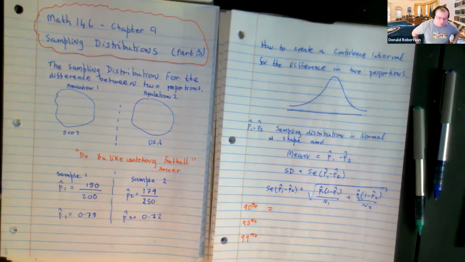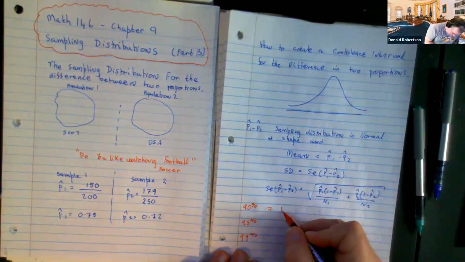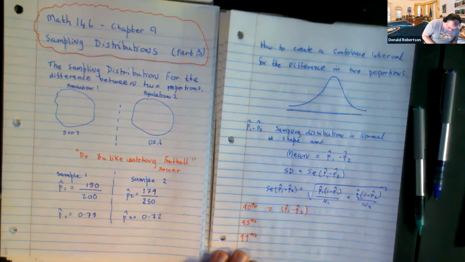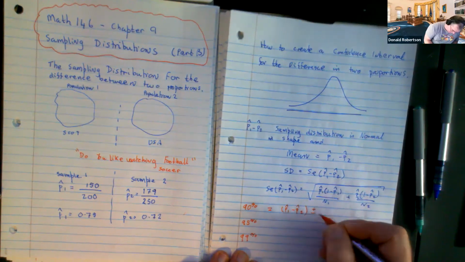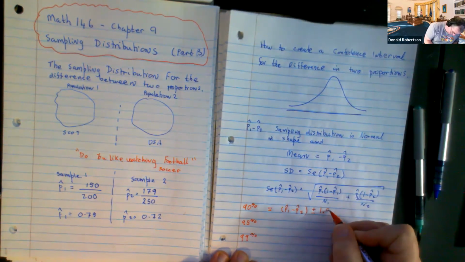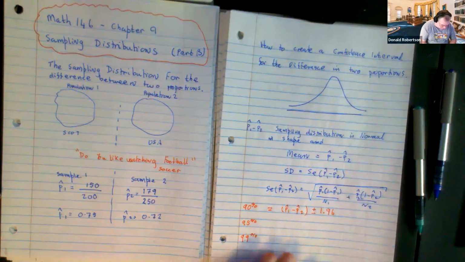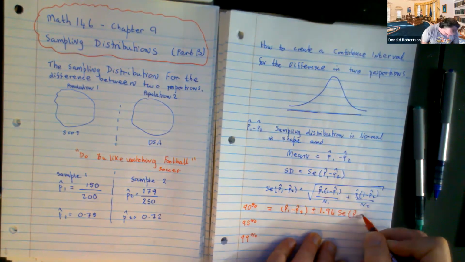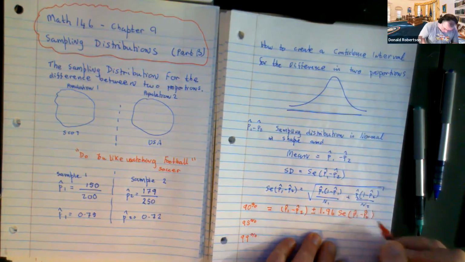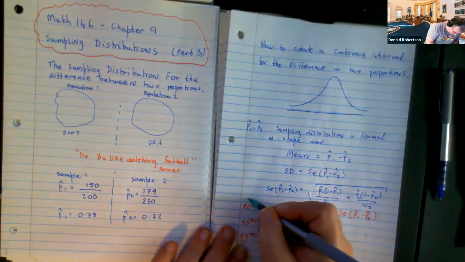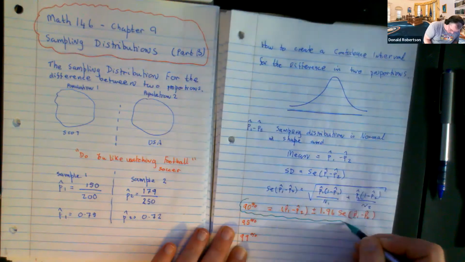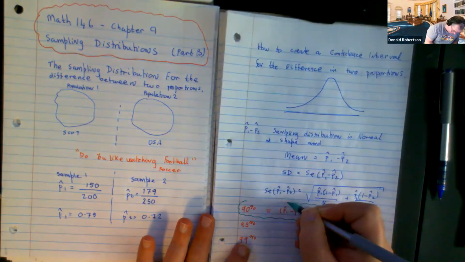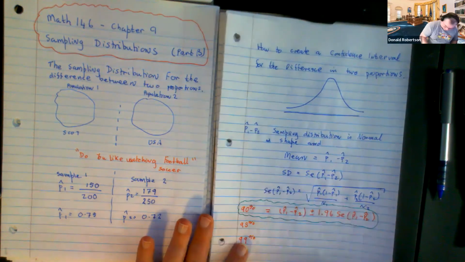A 90% confidence interval, you get that by the difference between the two, plus or minus 1.645, well, it depends on which textbook, times the standard error. That's the formula that you can use to get a 90% confidence interval.